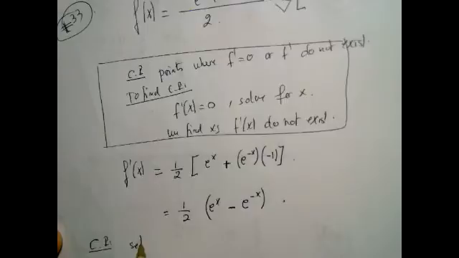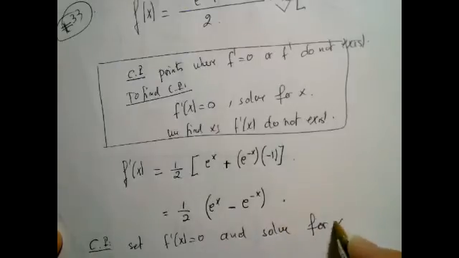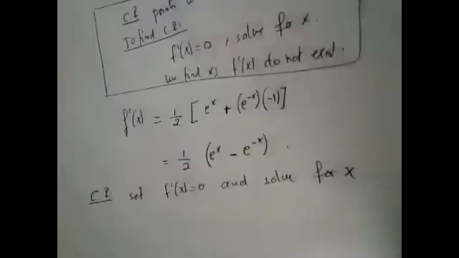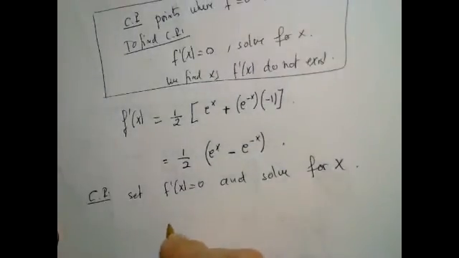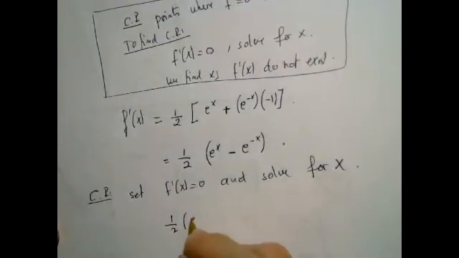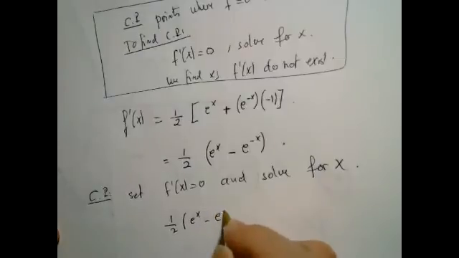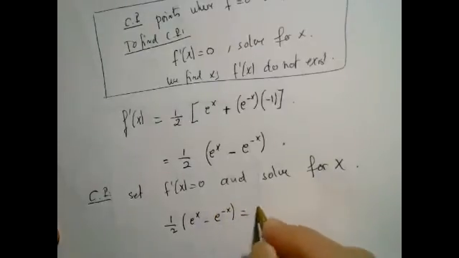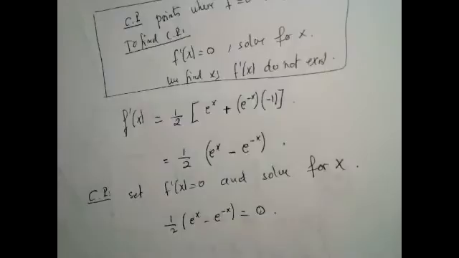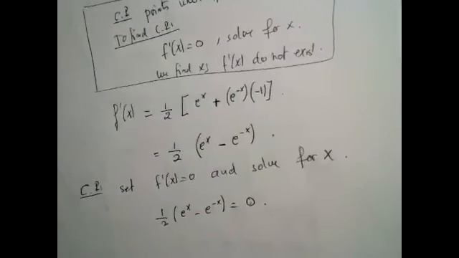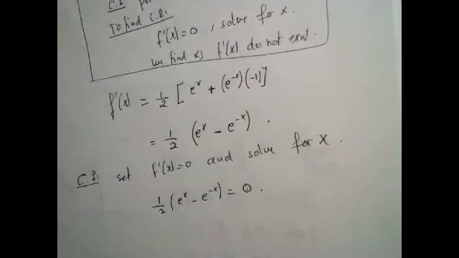Okay, we're going to set f prime equal to 0 and solve for x. Let's do that. So I'm going to set a half times e to the x minus e to the minus x equal to 0. And now I need to solve for x. So it looks really kind of messed up.